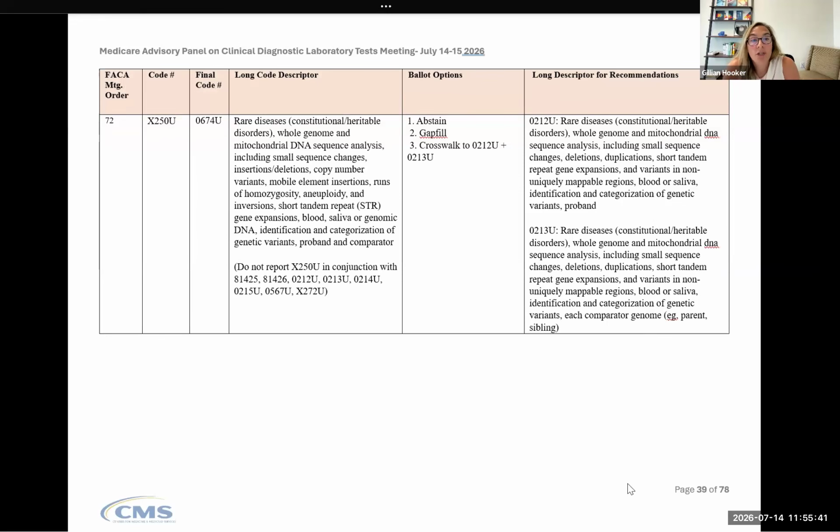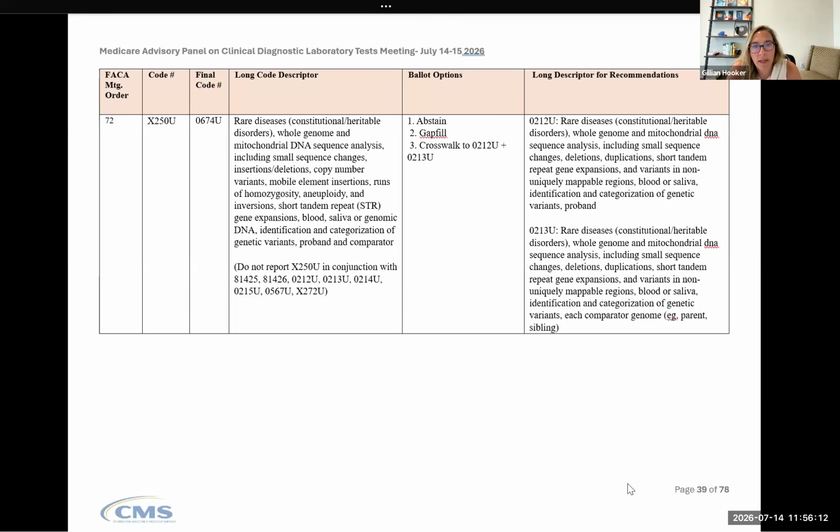This is a whole genome sequence, including mitochondrial DNA sequence analysis, small sequence changes, insertions, deletions, copy number variants, mobile element insertions, homozygosity, aneuploidy inversions, STRs, done on blood, saliva, or extracted genomic DNA, inclusive of interpretation and analysis. In this case, the test is for the proband plus 1 comparator.